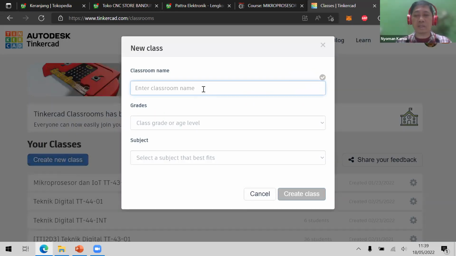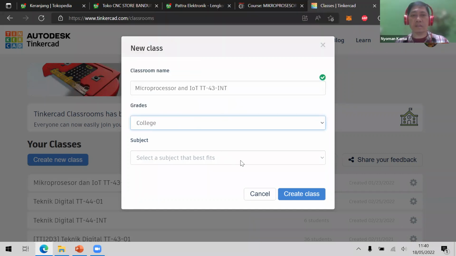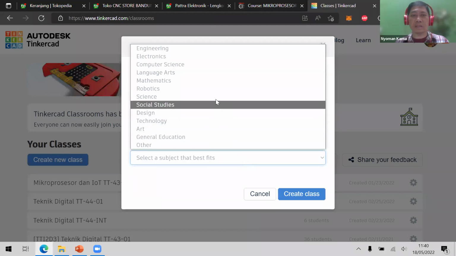The classroom name is Microprocessor and IoT for Internet Communication 43 and IoT. This is for college, and then the subject.